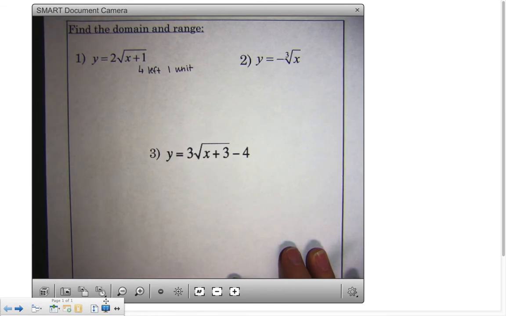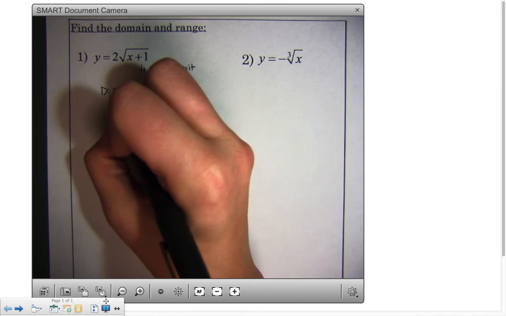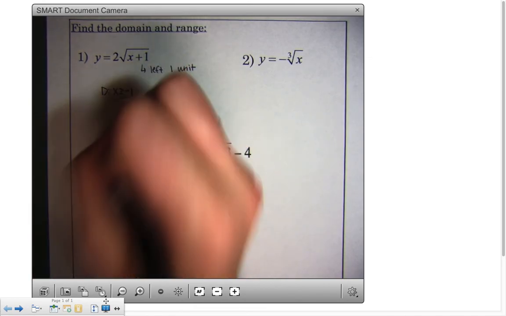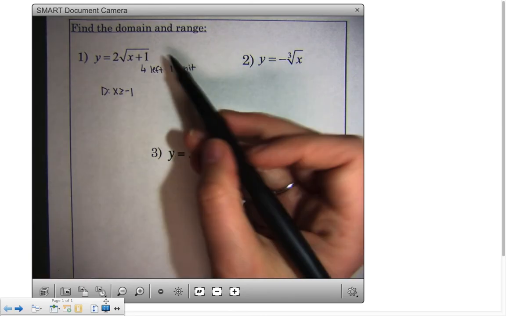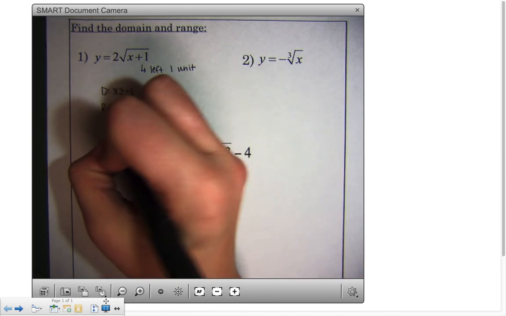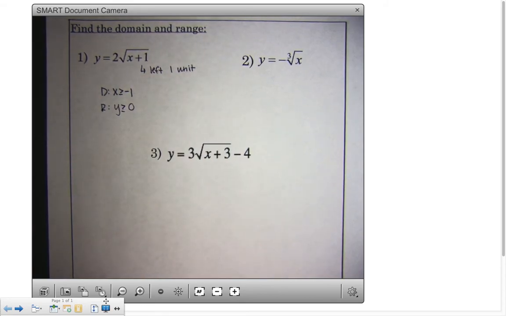So that means my domain is going to also shift to the left 1 unit. So instead of it being x is greater than or equal to 0, it's going to be greater than or equal to negative 1. Since I don't have a k value, I'm not adding or subtracting anything at the end, the range isn't affected. So it's the same as the parent function.